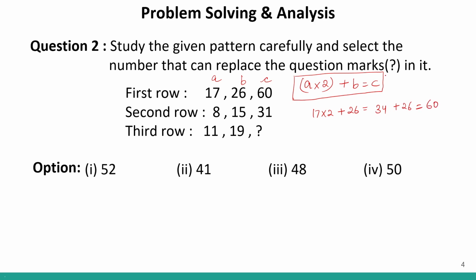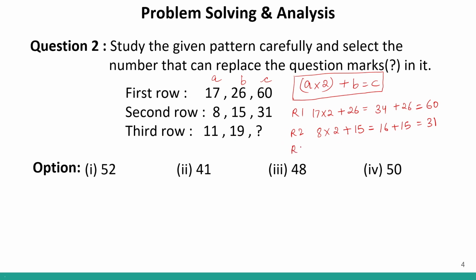Correct? Short way: 30 plus 20 plus 6 plus 4 is 10, so 60. This was for row 1. For row 2, let us check. For row 2, 8 into 2 plus 15 should give me 31. So 8 into 2 is what? 16 plus 15 will be how much? 31. So row 1 is correct. Row 2 is also correct. So similarly, we'll find for row 3.